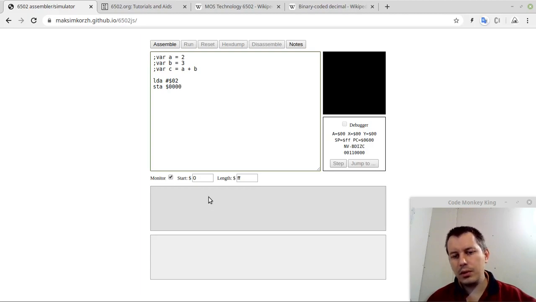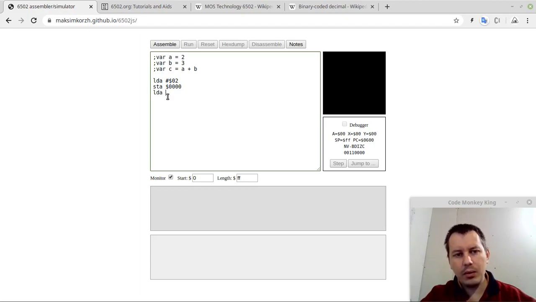We'll now see this in the monitor during debugging, right? These two lines do this. So we will think that variable A is going to be this address, and then variable B is going to be in the next byte, in the next cell.